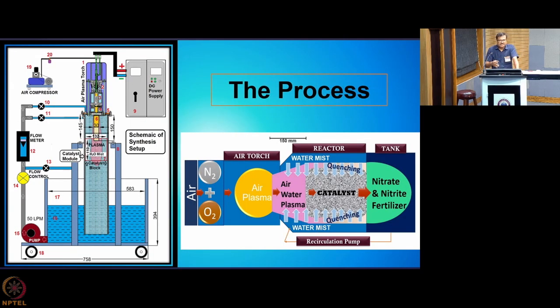Here I have shown a simple synthesis process. This is a plasma torch discharging the plasma jet. It takes air from the atmosphere and converts it into plasma. This is a reaction chamber where the catalyst is present, and I have shown this part in an expanded form over here. I will come to that. As the plasma interacts with the water flown to the region by this pump in the form of a mist, the air plasma interacts with the mist in the presence of the catalyst and fixes the nitrogen.